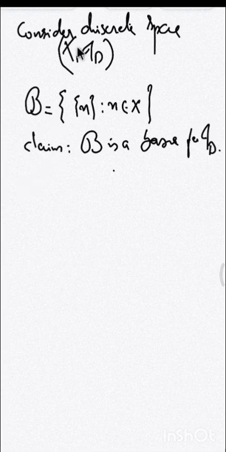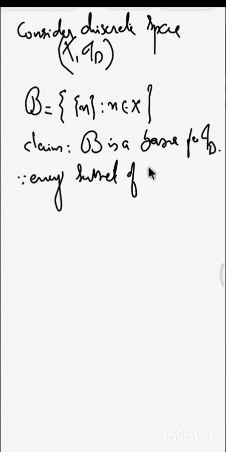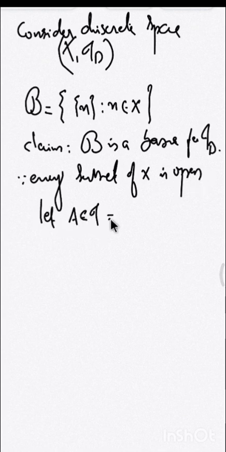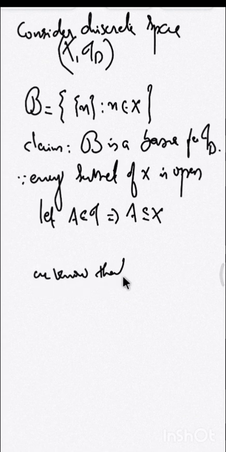Let A be an element of tau, which means A is a subset of X. Then we have to prove that A can be written as a union of members of B. We know that any set A can always be written as a union of singletons {x} where x is a member of A.